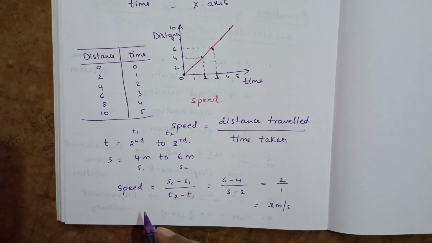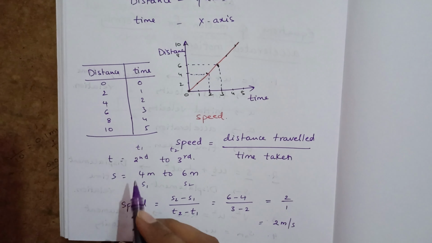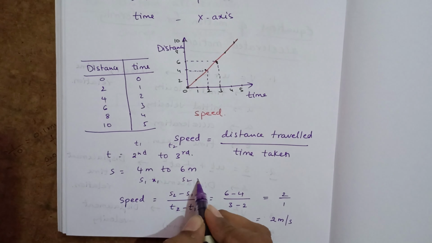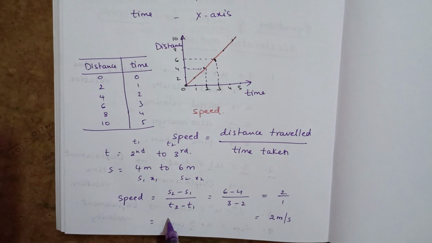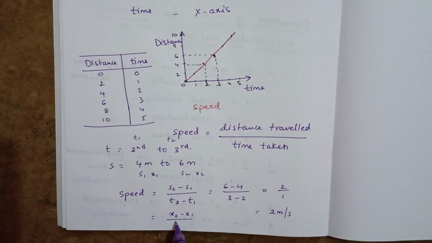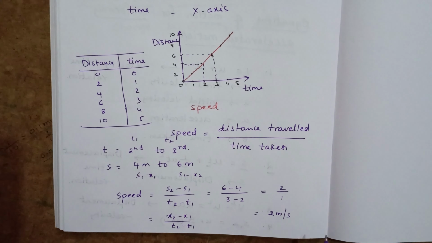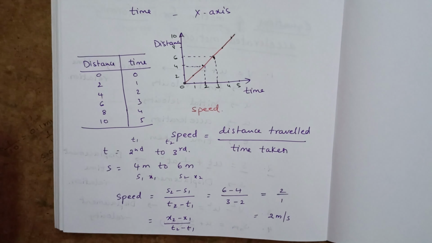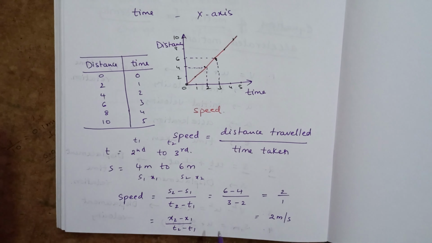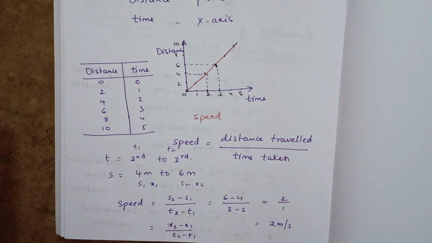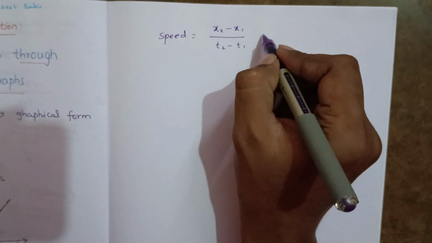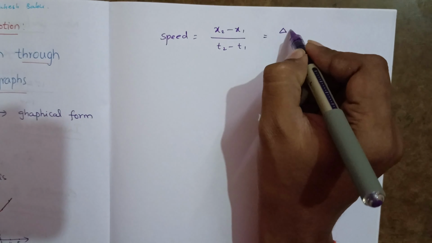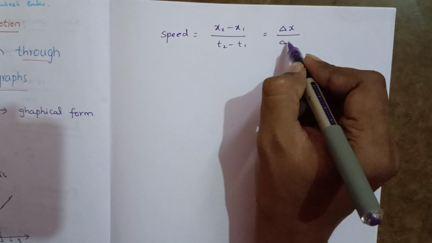Sometimes distance can be given as x1, x2. So the formula x2 minus x1 by t2 minus t1 can also be used. Distance can be denoted with either x or s, no problem. Finally it can be written as change in distance by change in time taken, delta x by delta t.